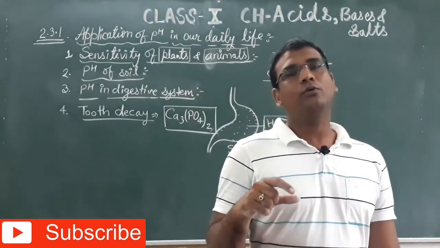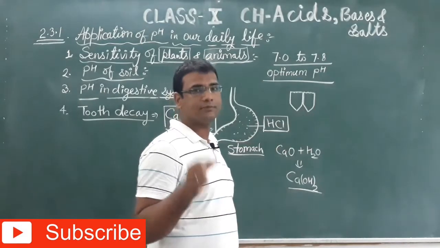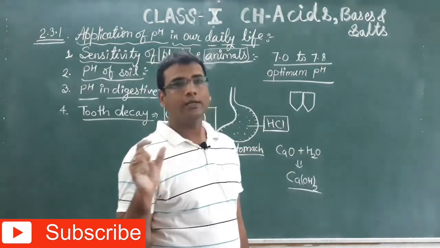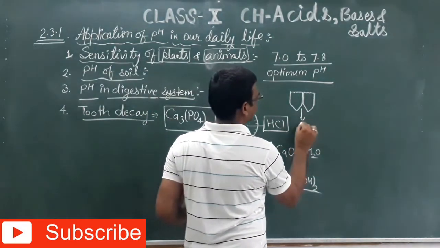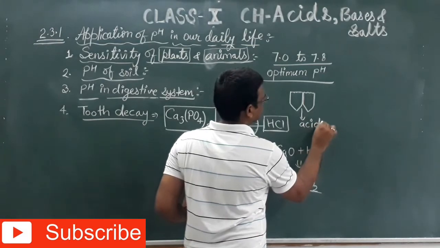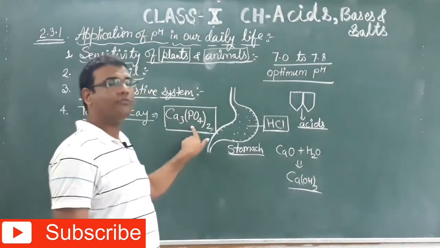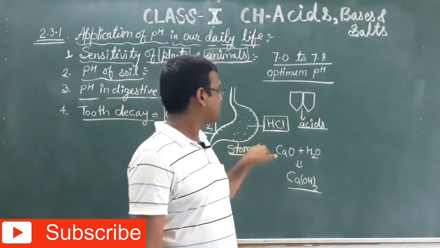Okay, now when bacteria start reacting on these remains of food, acids are produced in this reaction. Acids are produced by bacteria, and that acid is harmful for this substance.